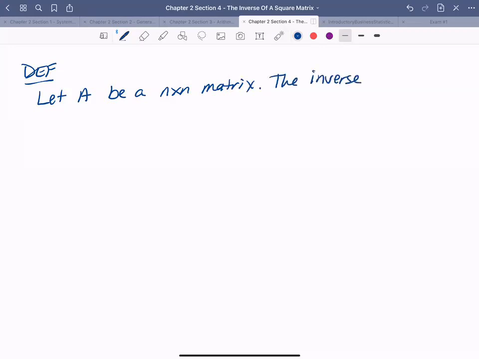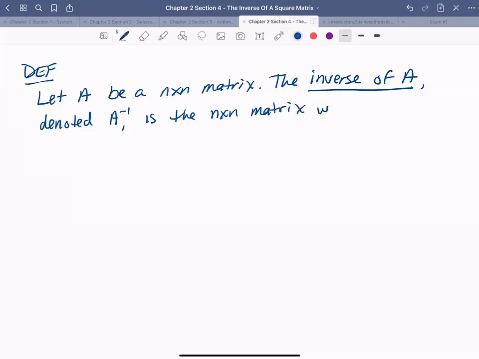The inverse of A, which is denoted A to the negative 1 power, is the n by n matrix with the properties: if I take the inverse and multiply it to the matrix, I get back the identity.